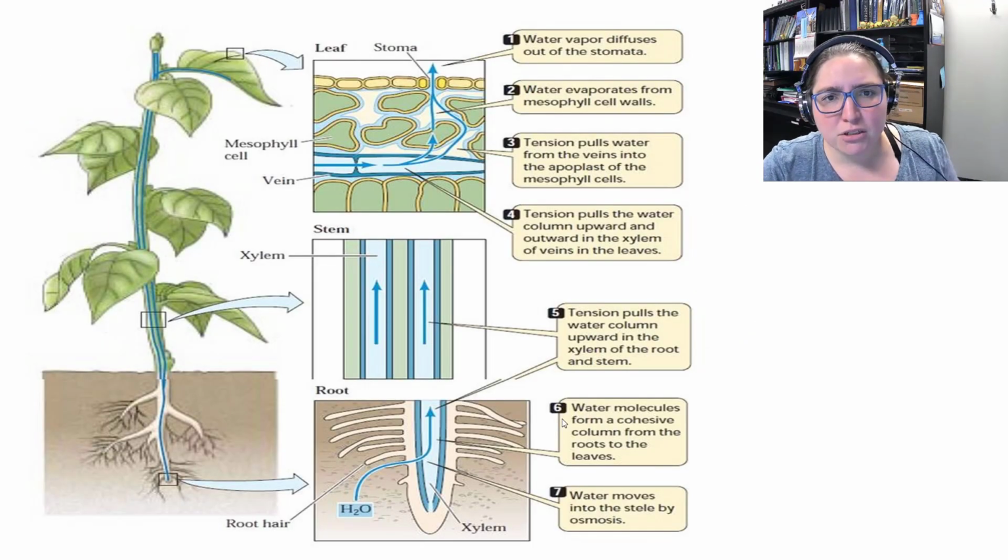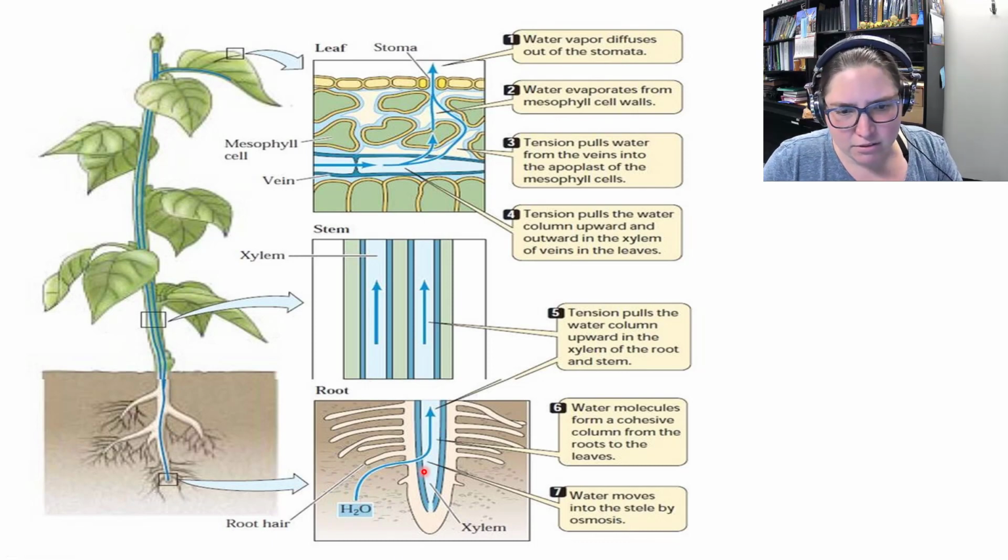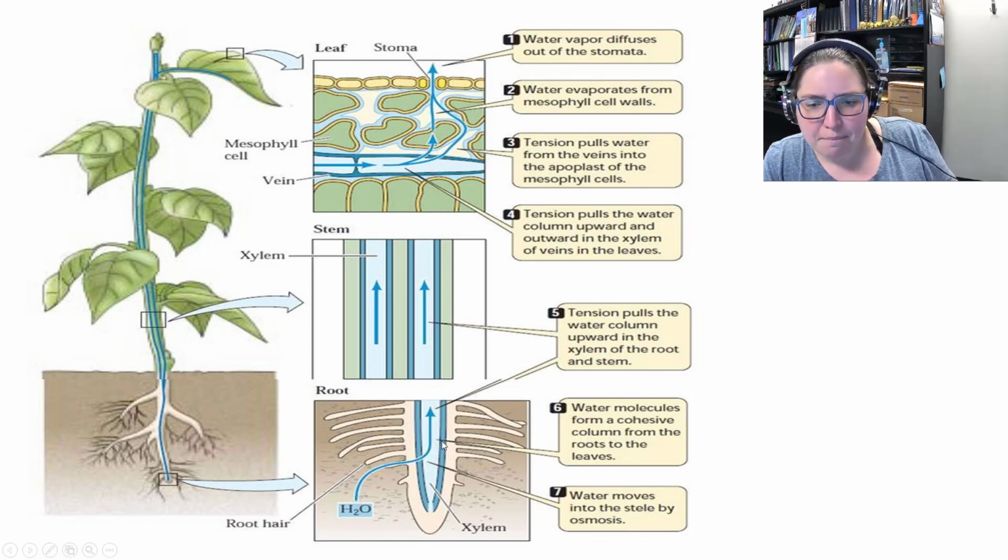So here's another picture that shows you this whole idea. There's the stomata in the leaf, and water is getting pulled from the stomata, from the mesophyll, so the middle of the leaf, from the vascular tissue in the plant, from the stem all the way down to the root, and then water gets into the root by way of the root hairs through osmosis there.